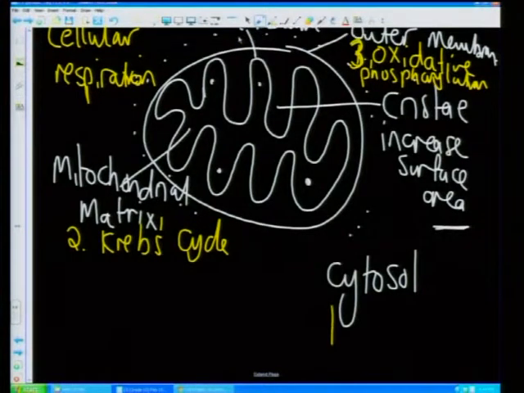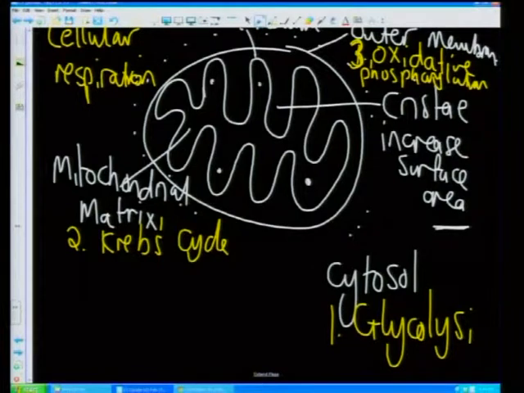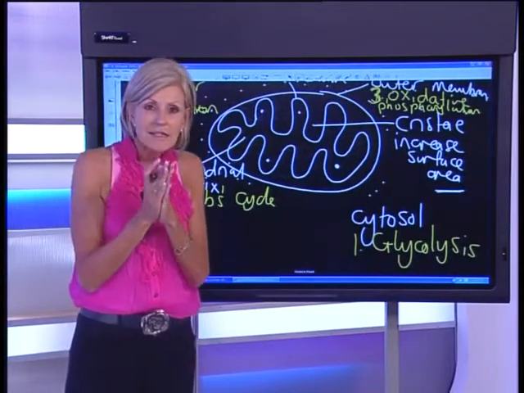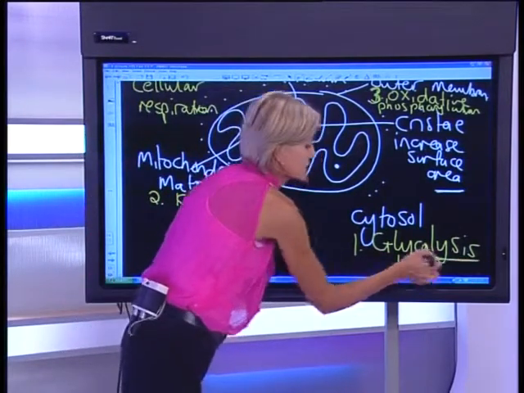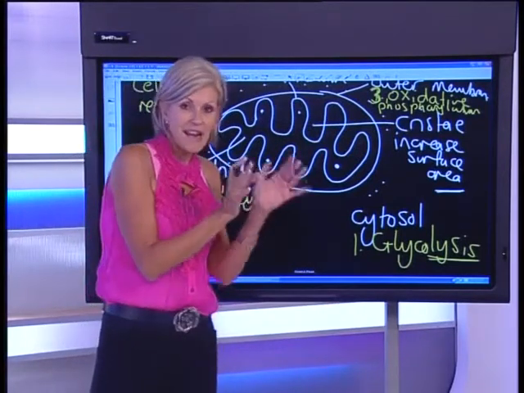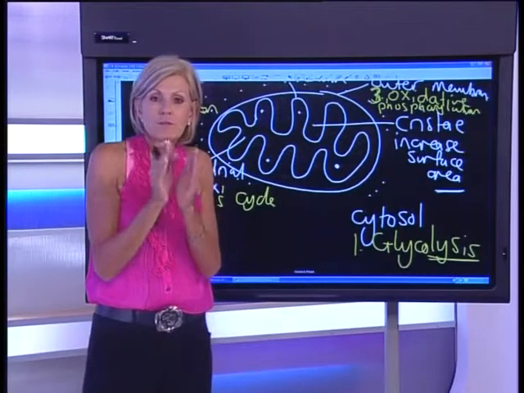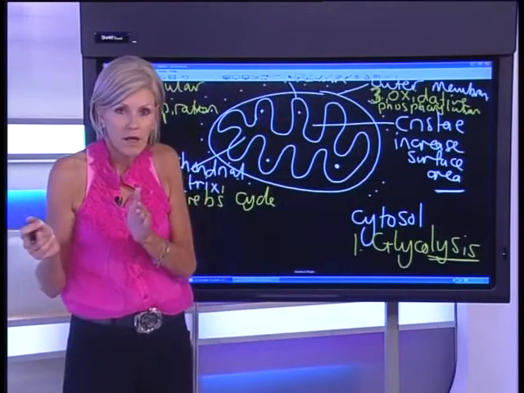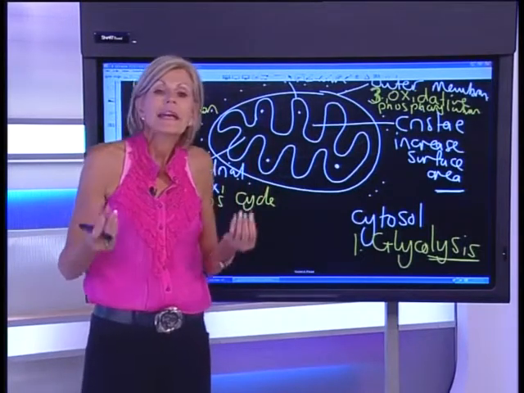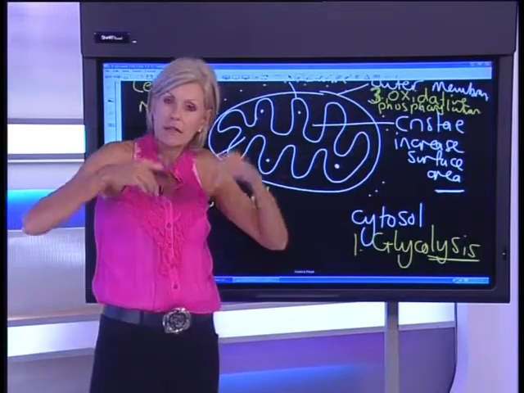And that first phase is called glycolysis. Now, are you paying attention? Please pay attention. Lysis means to split. So photo means light, synthesis means to make, okay? Cellular, to do with the cell. Intracellular, inside the cell.